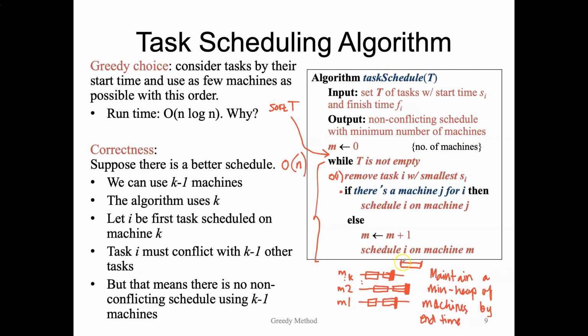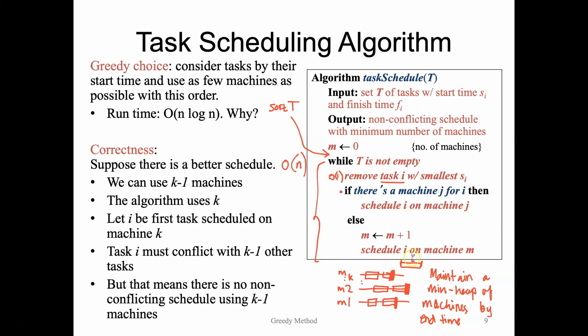So now, rather than comparing this new task that we want to add, this task i here, that we want to schedule on some machine if we can, against all of them, we're going to take the minimum one, whichever machine has the earliest end time. Because if we find that this task conflicts with the last task scheduled on that machine that has the earliest end time, then this task will also conflict with the last task on all of the other machines.